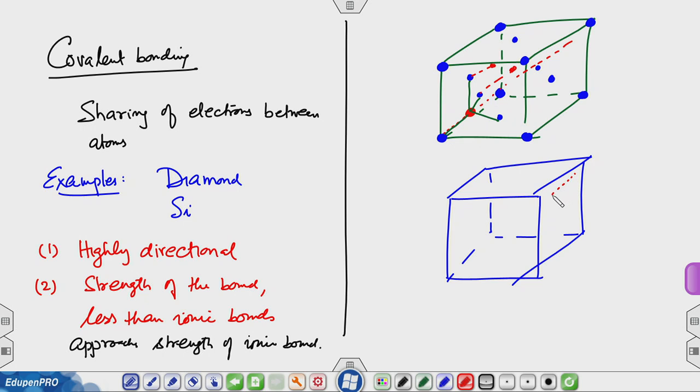Let me make these 2 body diagonals. This is fine, and then we have this sitting at the center, and the other atoms are sitting at these ends of these diagonals.